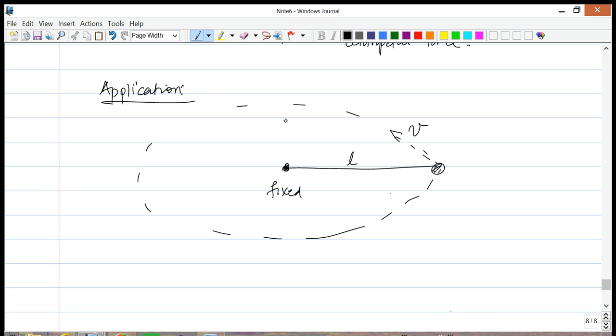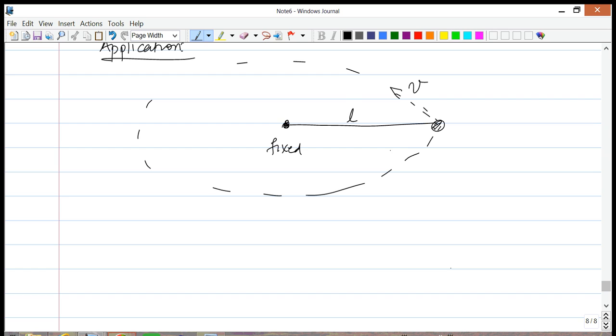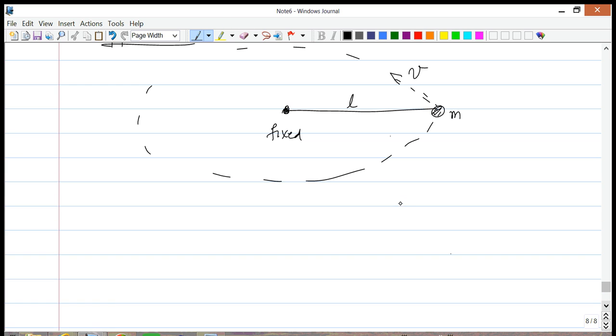Now if we know the speed v, we can figure out the tension of the string, or if we know the tension of the string, we can figure out the speed v. But let's just figure out a relationship between the tension in the string and the speed of the object. Let m be the mass. Let's draw a free body diagram for this block. Since it's moving in a horizontal circle, let's assume that all the vertical forces simply balance each other out, so we don't have to worry about them.